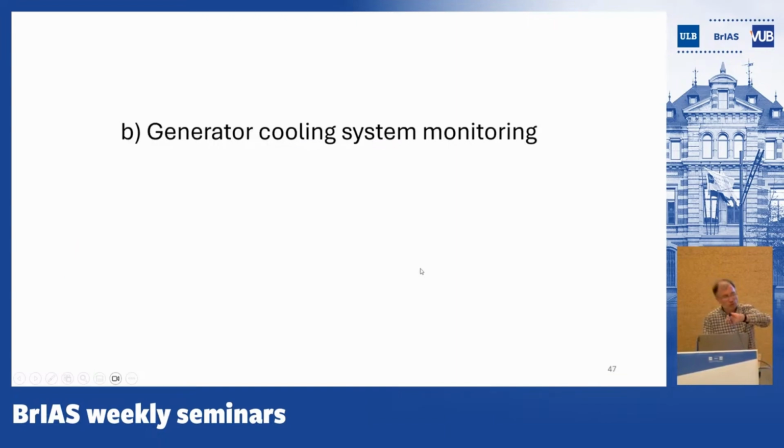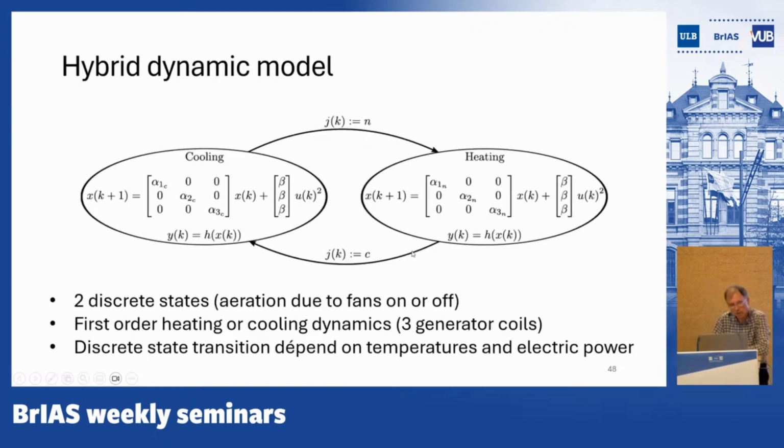So just a few more words, speaking about generator cooling system monitoring. So here we speak about the cooling system of the generator in a wind turbine. This cooling system is made of fans. There is actually a series of 3 fans, and there are temperature sensors in the coils of the generator, and there are actually 3 coils and 3 temperature sensors.